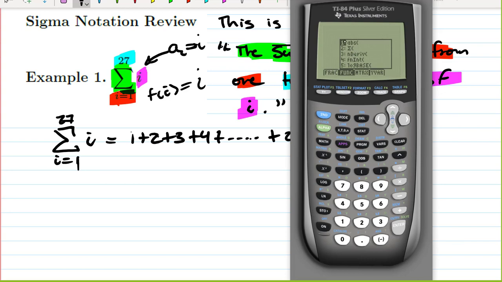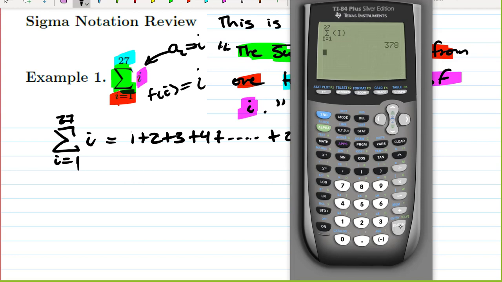And we'll see that sigma is choice number 2 on our calculator. So we could just type this sigma notation in directly. So we're going to have the sum as I goes from 1 to 27 of I.